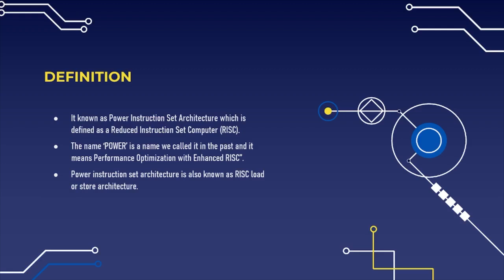Moreover, the name Power is a name we used in the past, and it means Performance Optimization With Enhanced RISC. It is an old microprocessor instruction set architecture designed by IBM. Power instruction set architecture is also known as a RISC load or store architecture, and it is the latest instruction set combined from the PowerPC and PowerPC Book E instruction sets.